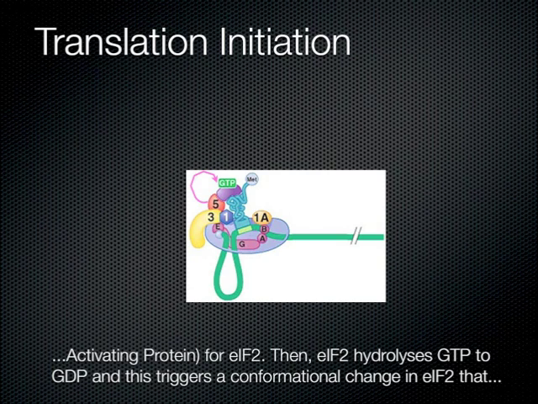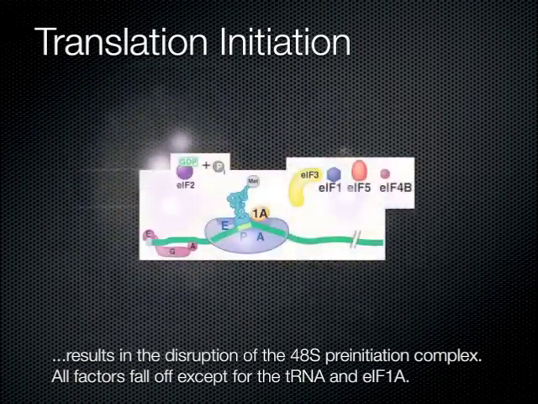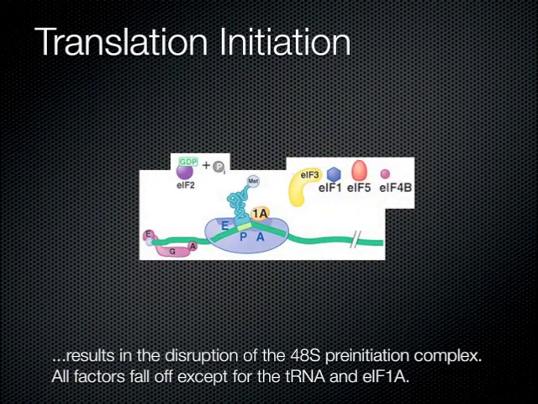At this point, EIF2 hydrolyzes GTP to GDP, and this triggers a conformational change in EIF2 that results in the disruption of the 48S pre-initiation complex. All factors fall off at this point except for the tRNA and EIF1A.